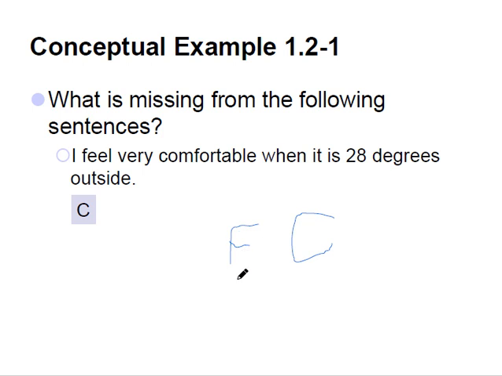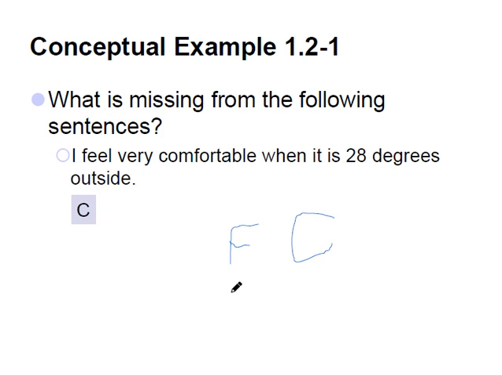So this has to be degrees Celsius for the unit. This is how you put your common sense to use every time you try to solve a problem. In this case, we're dealing with the missing unit problem. I feel very comfortable when we're dealing with temperature, and we have only two commonly used temperature units.